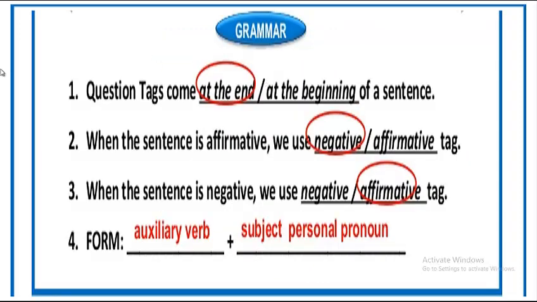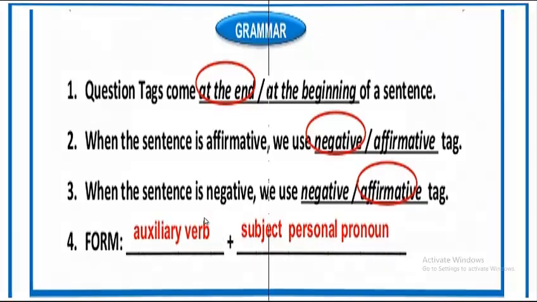So, my dear students, question tags come at the end of the sentence. A short question at the end of the sentence. When the sentence is affirmative, we use negative tag. When the sentence is negative, we use affirmative tag. So the form: auxiliary verb, subject personal pronoun.